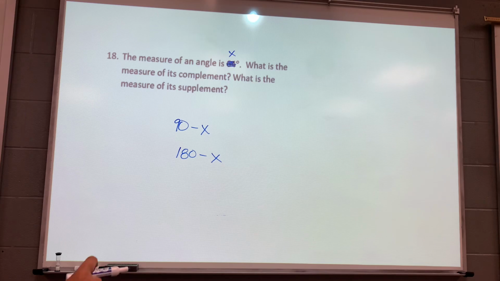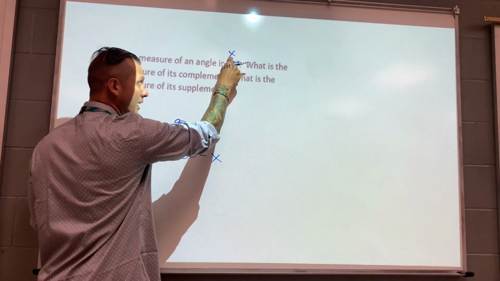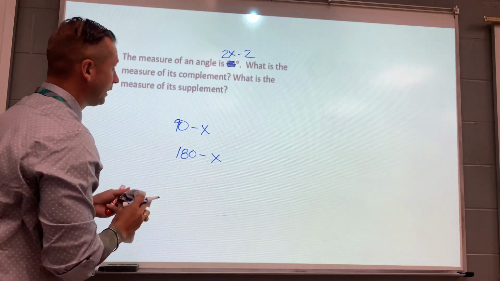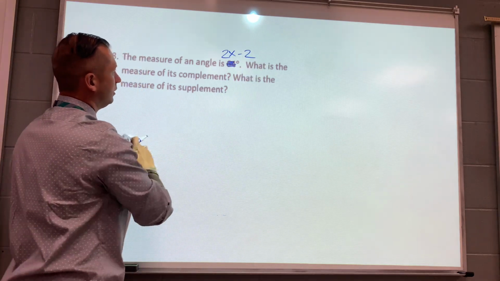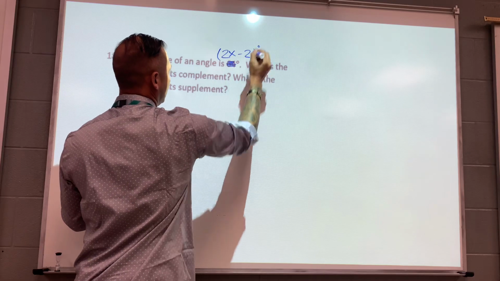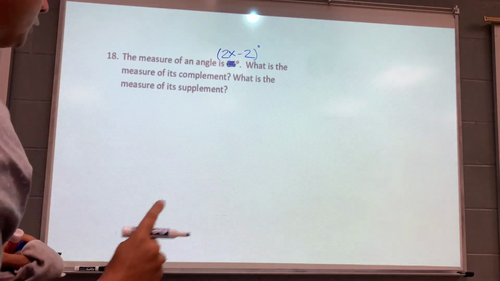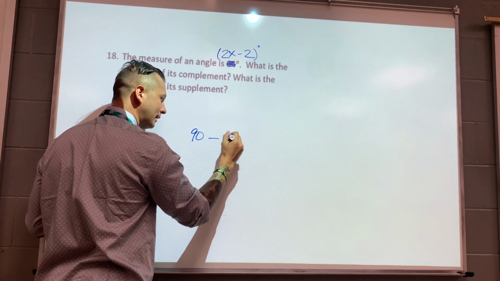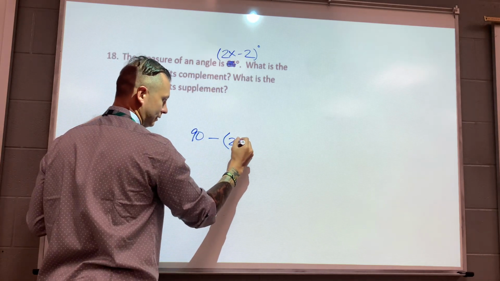So a lot of people missed this on the last quiz. If this is something ugly, like 2x minus 2, well, then the complement of 2x minus 2 is going to be 90 minus whatever that is.